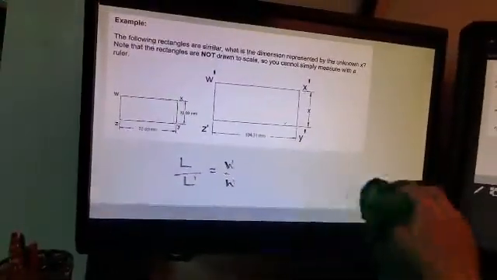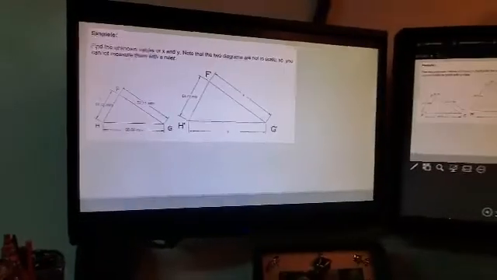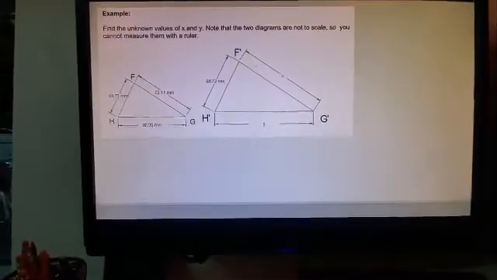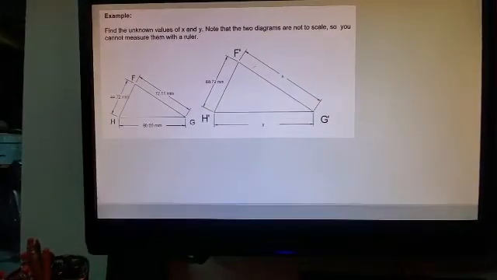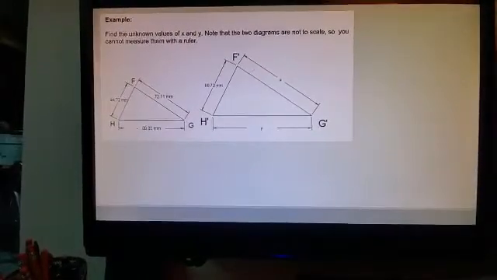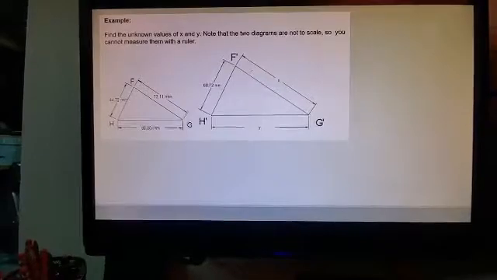So I'm just going to erase that. So this is our last example for this video. So we want to find the unknown values of x and y. So the two diagrams are not to scale, but they are similar. So we can use our ratios here.